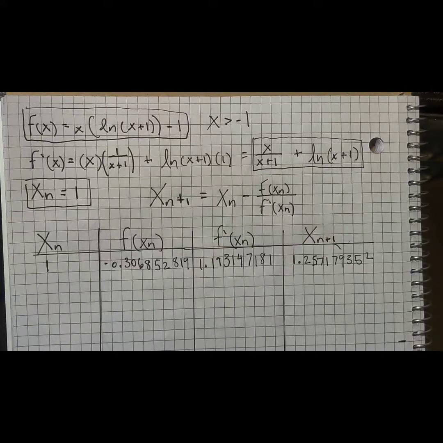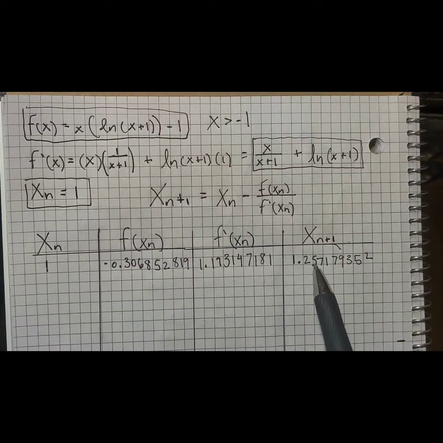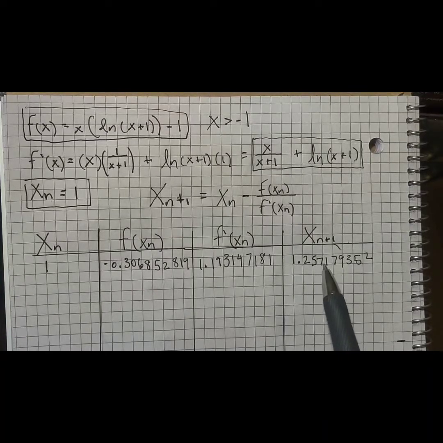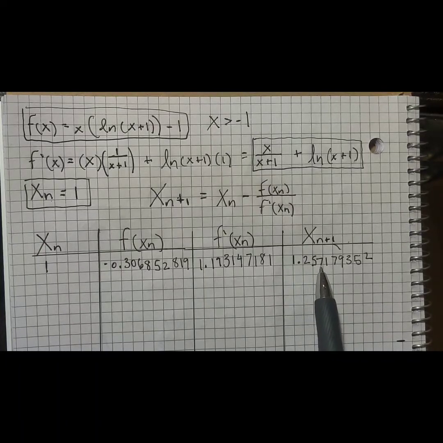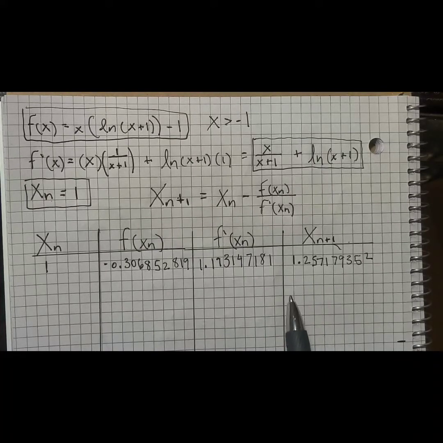So this basically tells me that my 0 is actually further along the x-axis. It's a little bit more than 1, because I have a feeling this number is going to get just a little bit smaller. So we know it's definitely between 1 and 2.